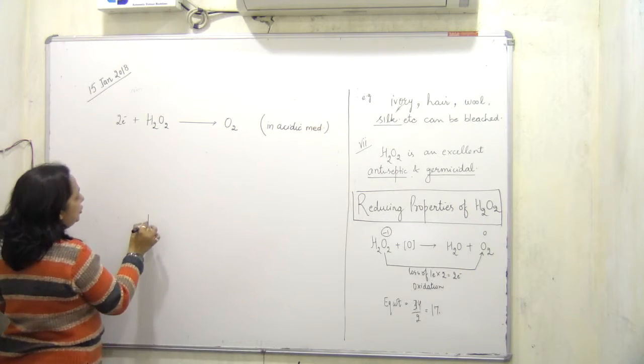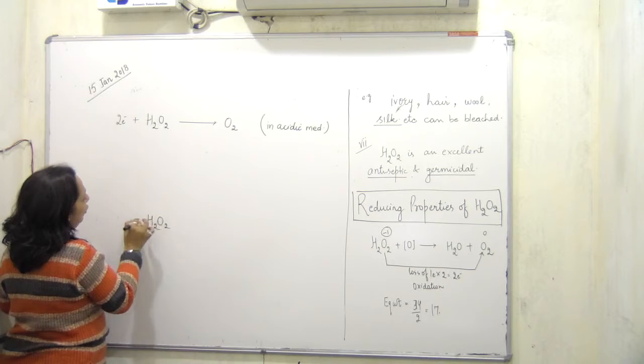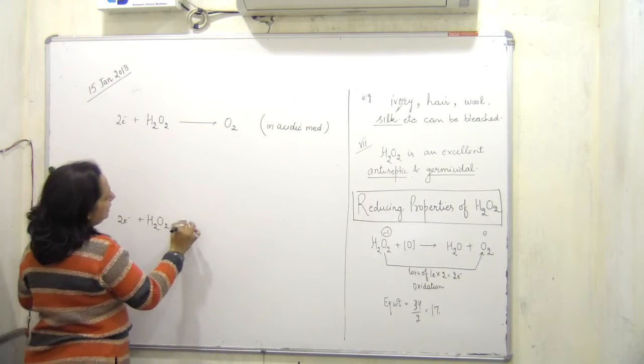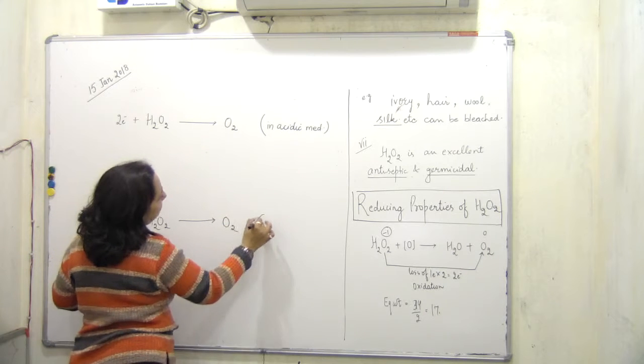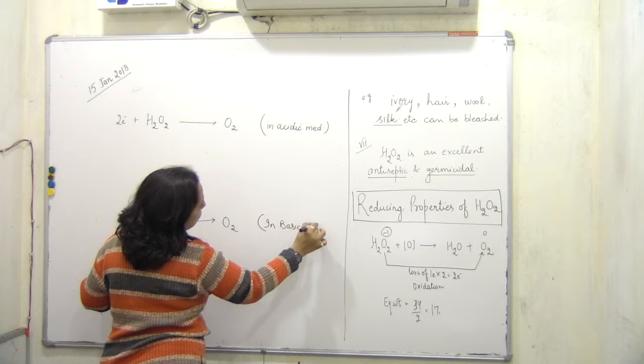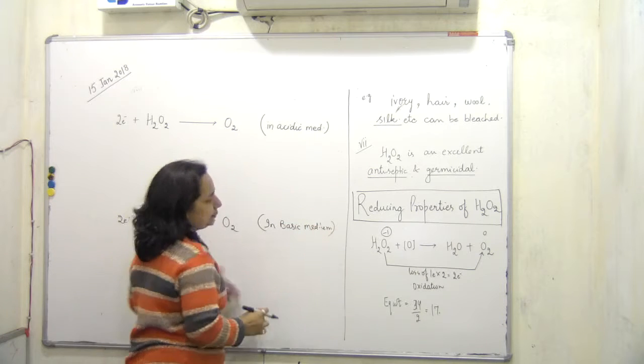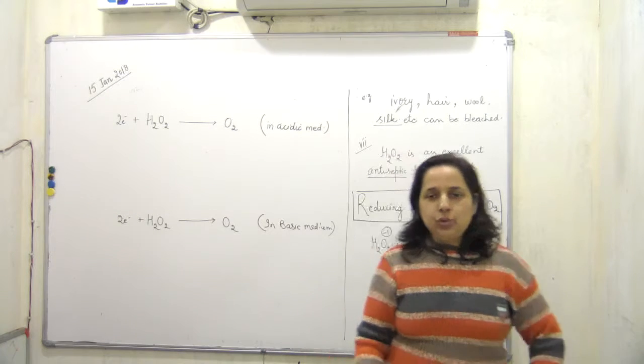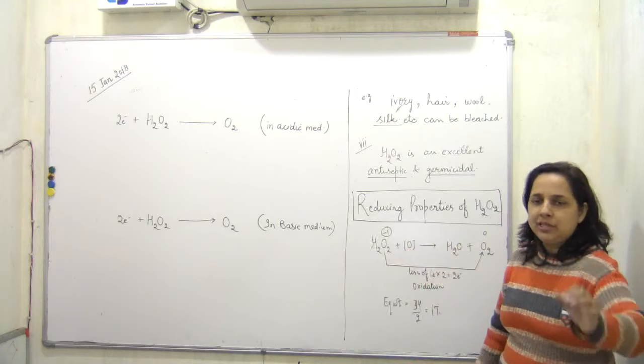And same way hydrogen peroxide, gain of 2 electrons, balance this reaction in basic medium. H2O2 can act as reducing agent also.